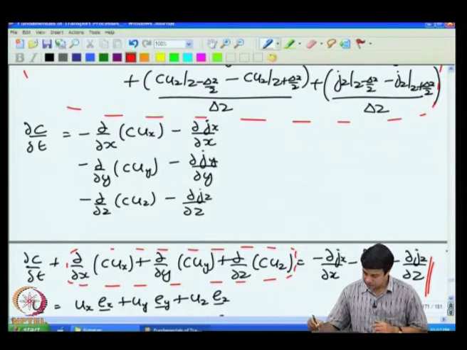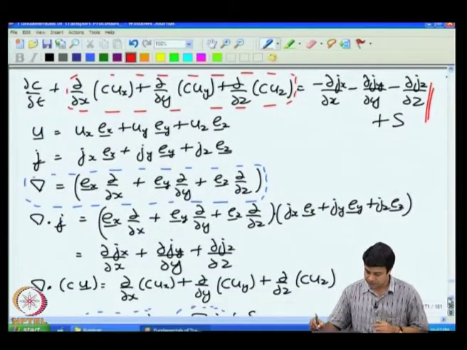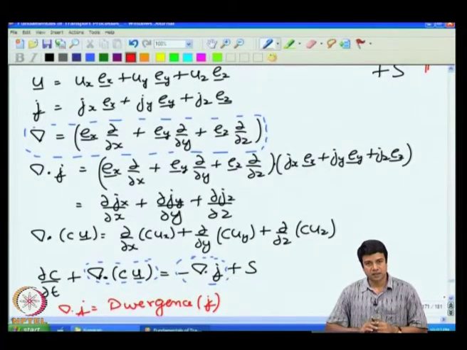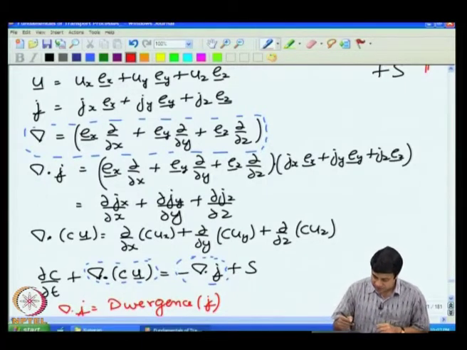So, that can be written as del dot C u. C is a scalar, u is a vector. Therefore, when I take the dot product of the gradient operator and C times u, I get d by dx of C u x plus d by dy of C u y plus d by dz of C u z. So, that is the mass conservation equation in a Cartesian coordinate system, as well as in this more general form.